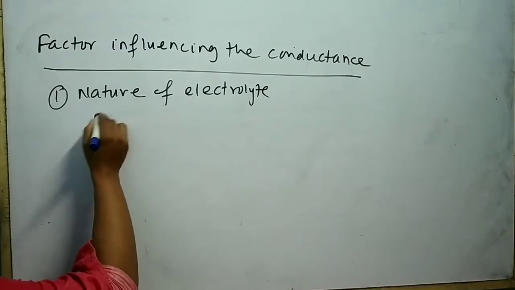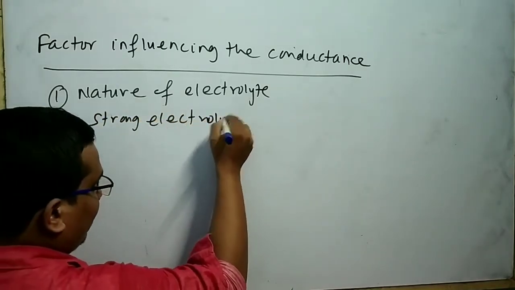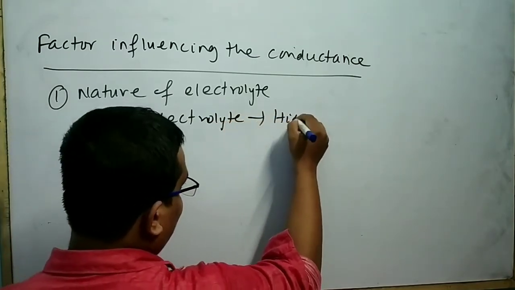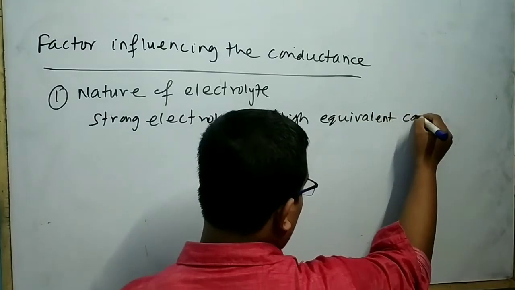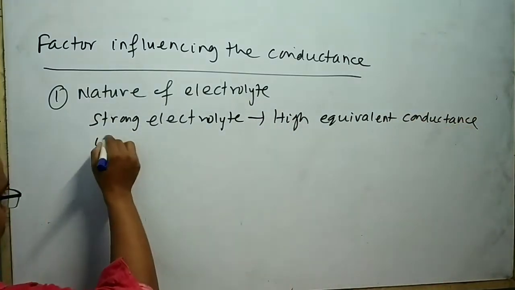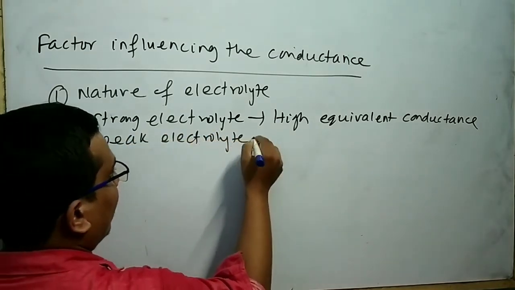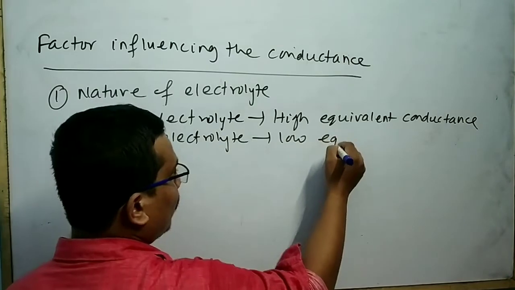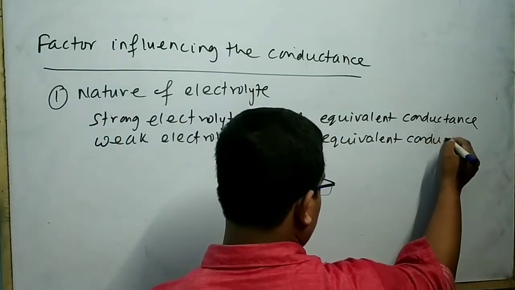So we can write strong electrolyte having high equivalent conductance. Similarly, weak electrolyte having low equivalent conductance.